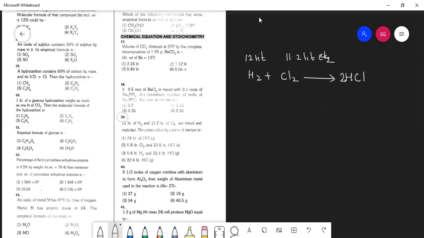They ask the composition of volume of the mixture. Students, I told you, if two values are given, this question is of which concept?